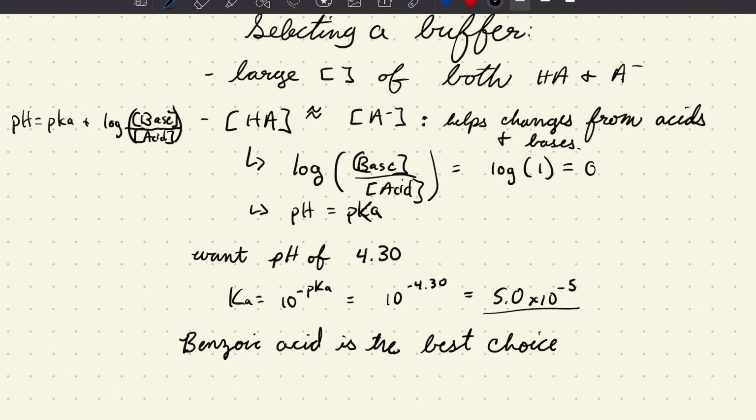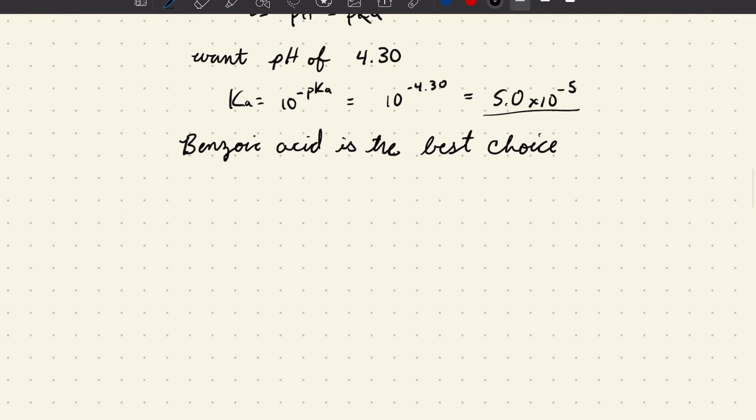Now we need to figure out what ratio of acid and base we need. We're going to start with Henderson-Hasselbalch and subtract pKa.